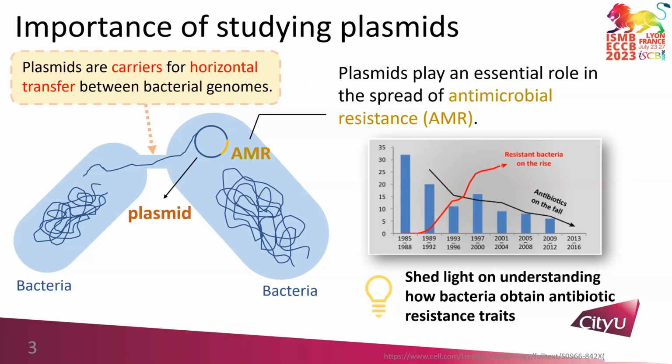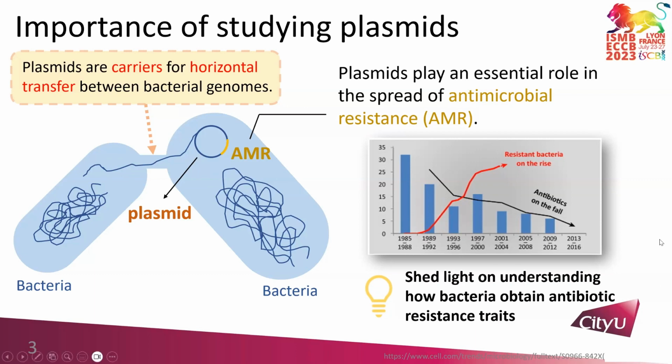It is very important to study plasmids because they are carriers for horizontal transfer between bacterial genomes, and they can carry resistance genes, including AMR genes. And we know if a bacterium contains an AMR gene, it will make the drug ineffective.